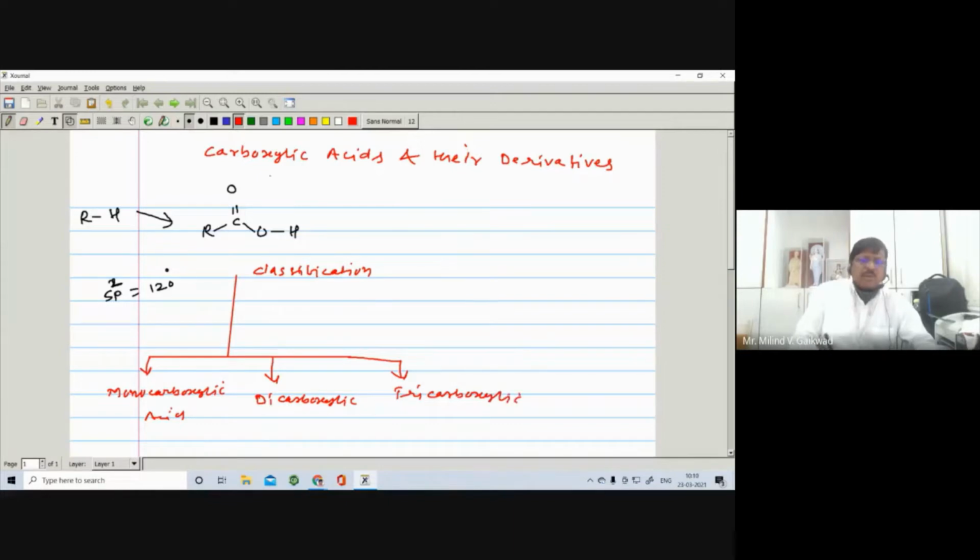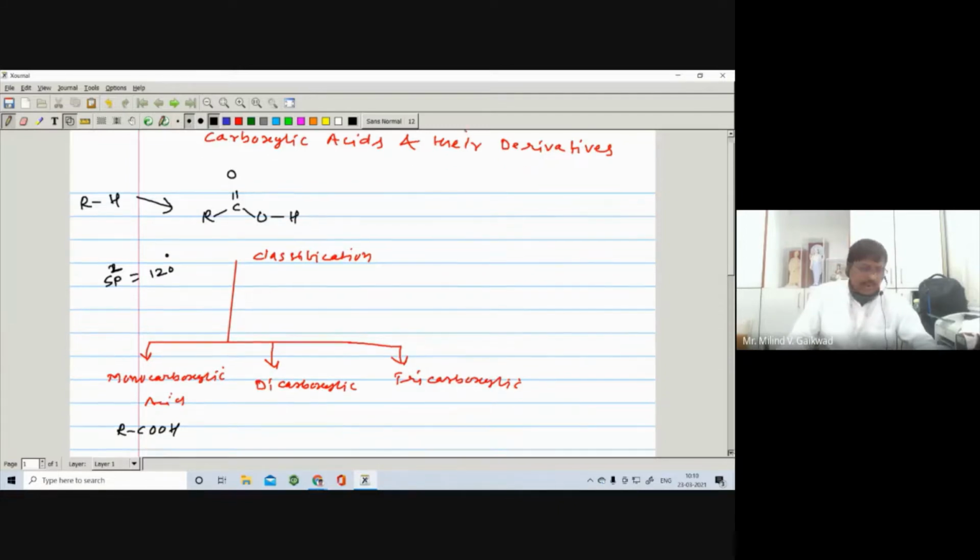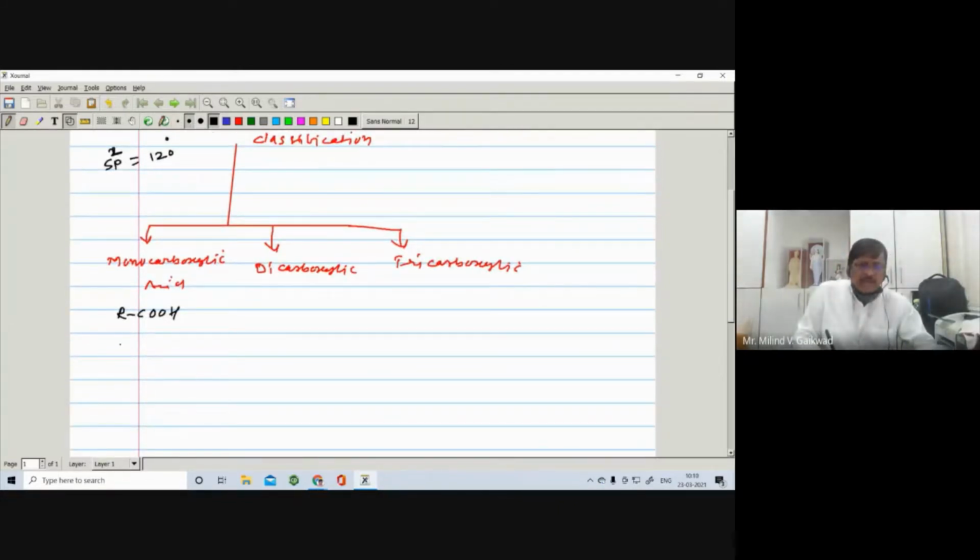A monocarboxylic acid contains one COOH, so RCOOH. Examples are acetic acid and formic acid. If R is H, C double bond OOH, it is formic acid. If R is CH3, it is acetic acid. Similarly, if R is a benzene ring, it is called benzoic acid. These are examples of monocarboxylic acid.